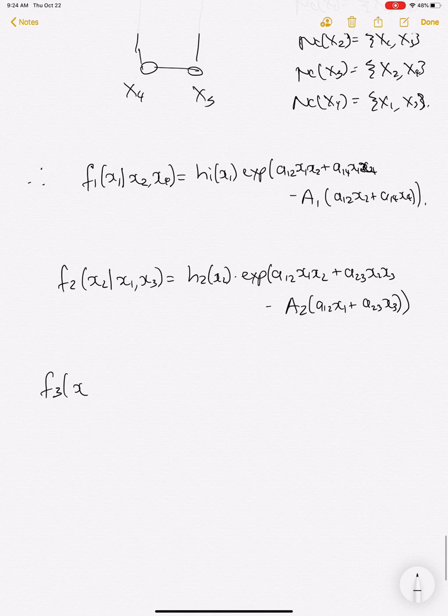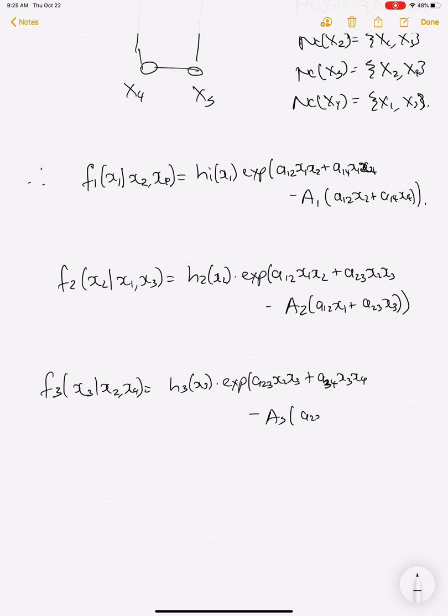f3 of x3 given x2, x4. That's h3 of x3 times exp of a23 x2 x3 plus a34 x3 x4, and then minus A3 of a23 x2 plus a34 x4.